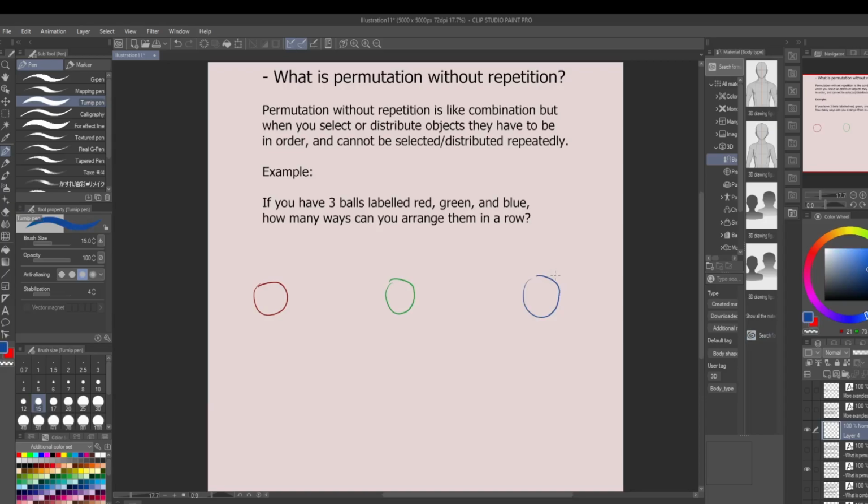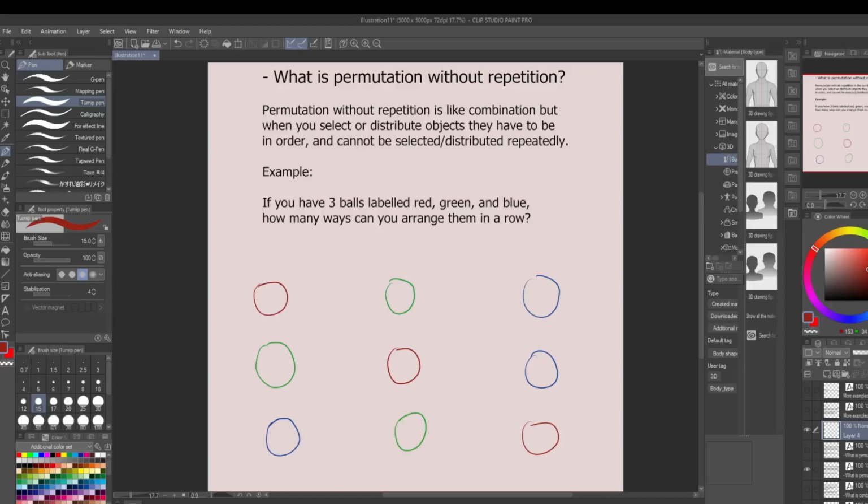So we can identify that this is permutation because there is an order needed. Like I can make it green first and red in the middle and blue still in the back, or blue at the front, green in the middle, and red in the back.